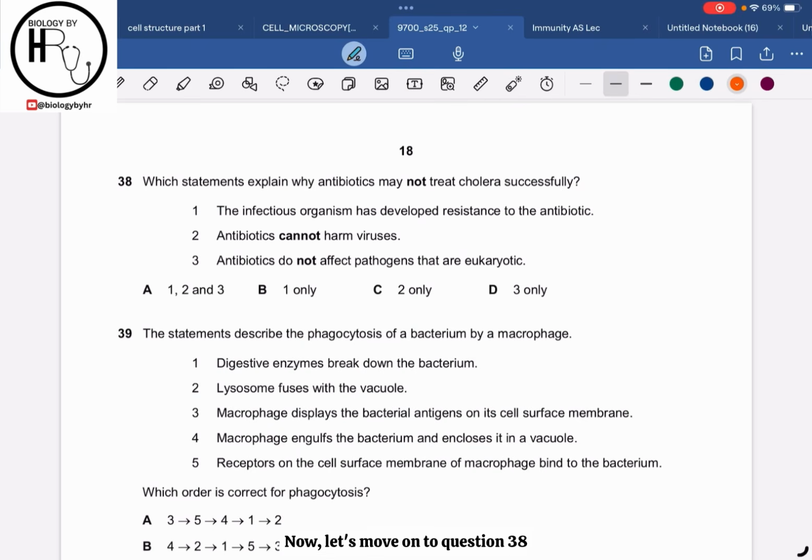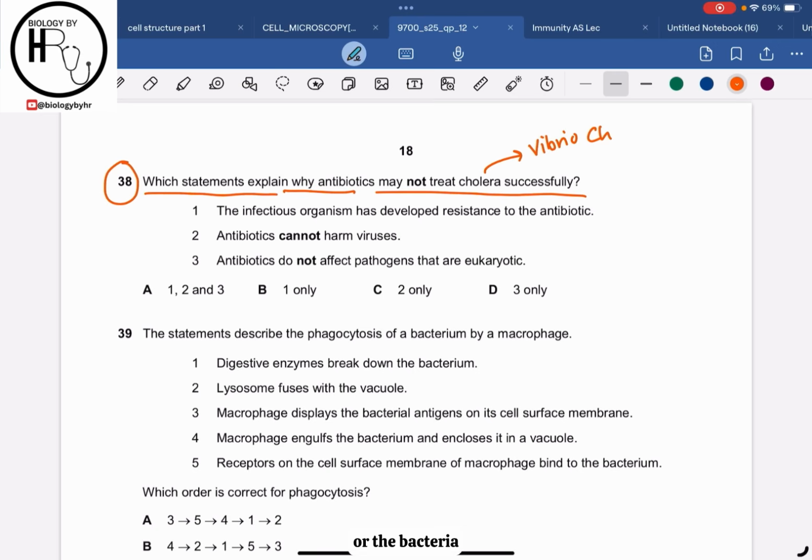Now let's move on to question 38. Question 38 says: which statements explain why antibiotics may not treat cholera successfully. Cholera is an infectious disease caused by the bacterium Vibrio cholerae.